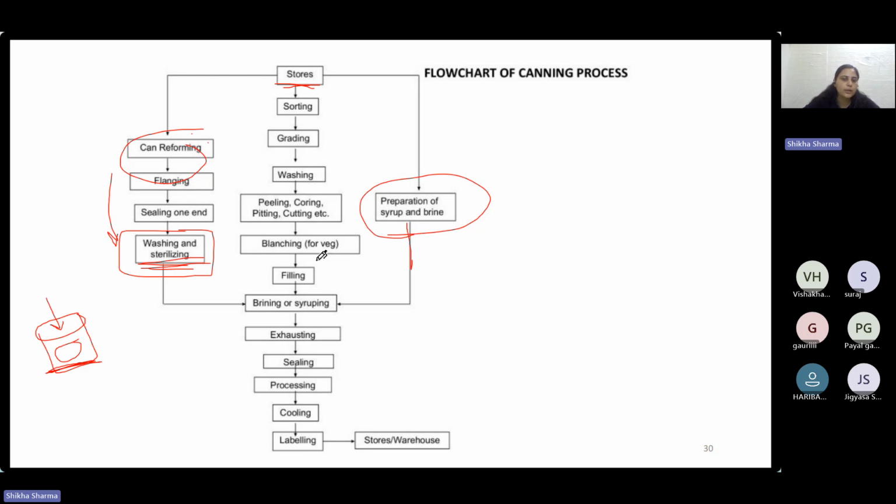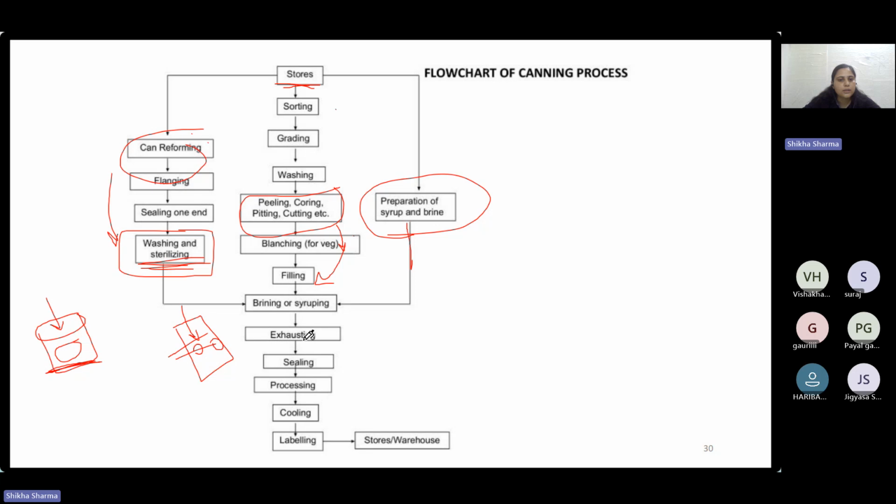And our food product, if it is some kind of vegetable, will be washed and then peeled, or given some minimal preparation, and then blanched, and then filled into the can. In the can syrup will be filled, and some vegetables or fruits will be there.